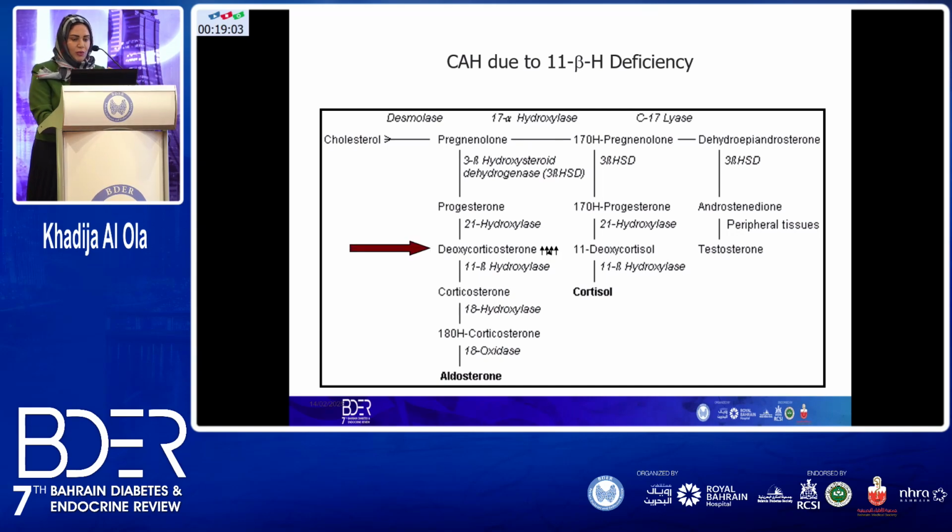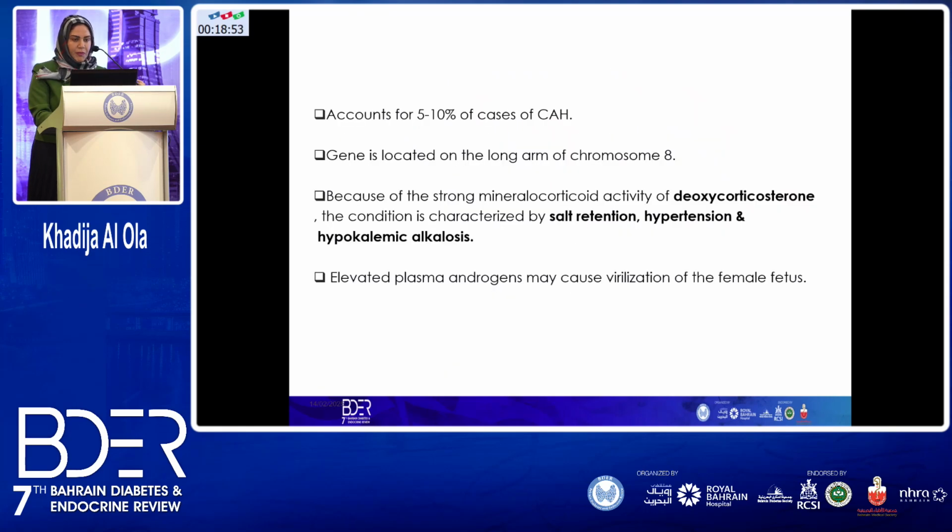But due to the deoxycorticosterone, or DOC, this is a very, very strong mineralocorticoid, so we will not have the signs of salt wasting. It accounts for 5 to 10% of the cases, and as I mentioned, there will be hypertension, salt retention, and hypokalemic alkalosis.